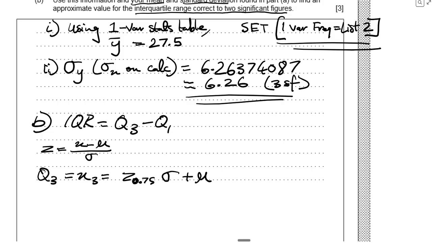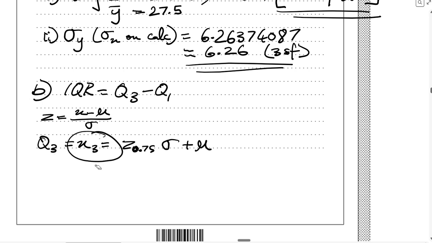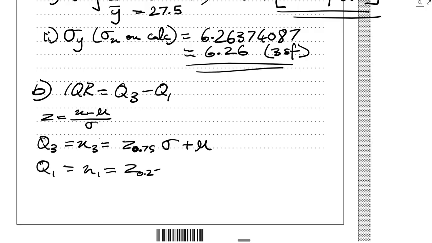I'm just making x the subject here. And then our Q1 is equal to x1 is equal to z 0.25.